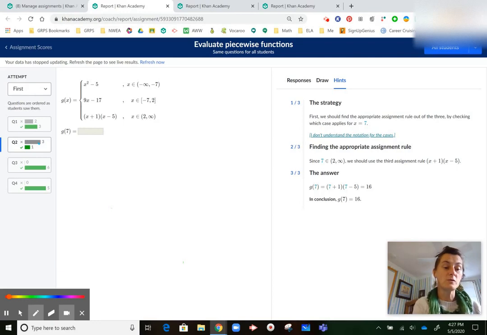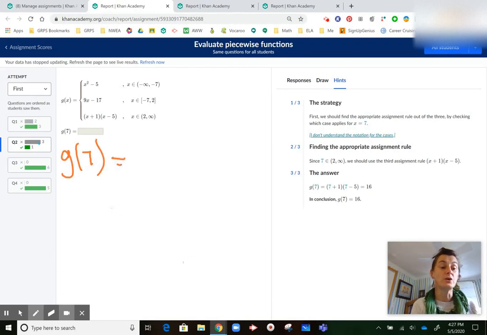We need to evaluate g of x, which is g of 7. So we need to focus on which interval, first, second, or third interval. G of 7. 7, yeah, it's not in here, it's right here. I like it, right here.